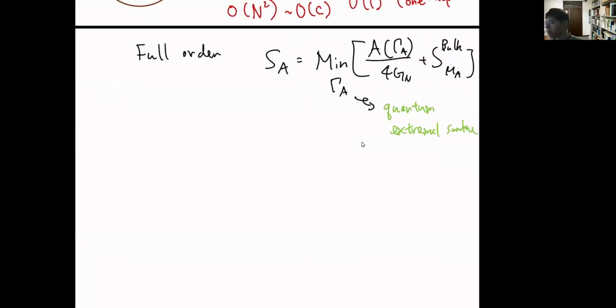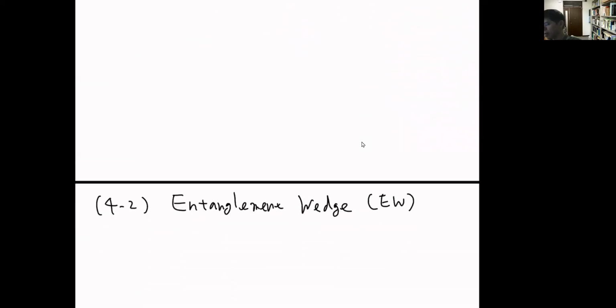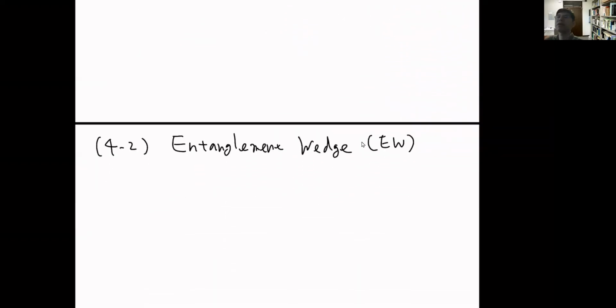This formula should be non-perturbative. There are many ambiguous issues because of lots of corrections and so on, but people believe this to be true. So far, I think a concrete calculation is only done at one loop level, and in that case we have a perfect match.